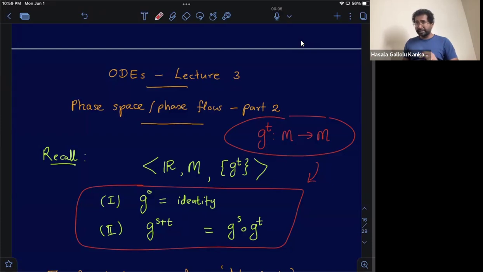So injective and surjective properties will be guaranteed under these two conditions. And therefore, you can see that some of these abstract properties may be natural in our context, right?